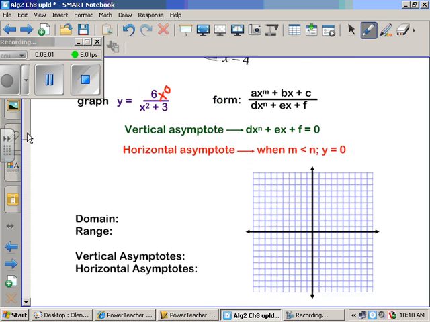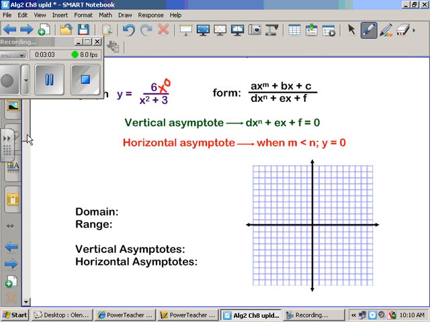So I've got to solve for my vertical asymptote. x squared plus 3 is equal to 0. How would I solve this? What would you do first?